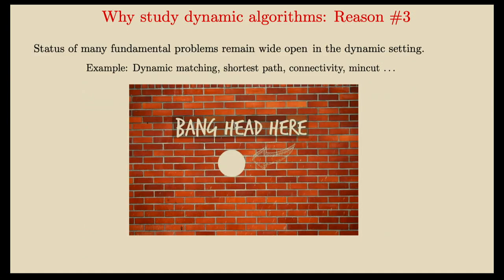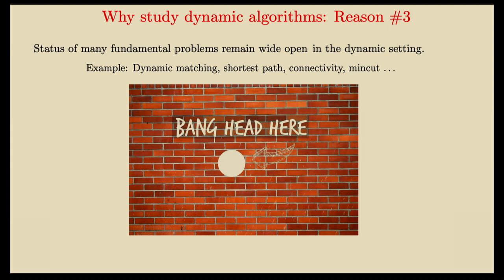And the third reason is basically you can take any textbook fundamental computational problem and ask what happens to this problem in the dynamic world. And it so happens that despite years and decades of work, the computational status of many such textbook problems like shortest paths, matchings, min cut and so on are still open in the dynamic setting.